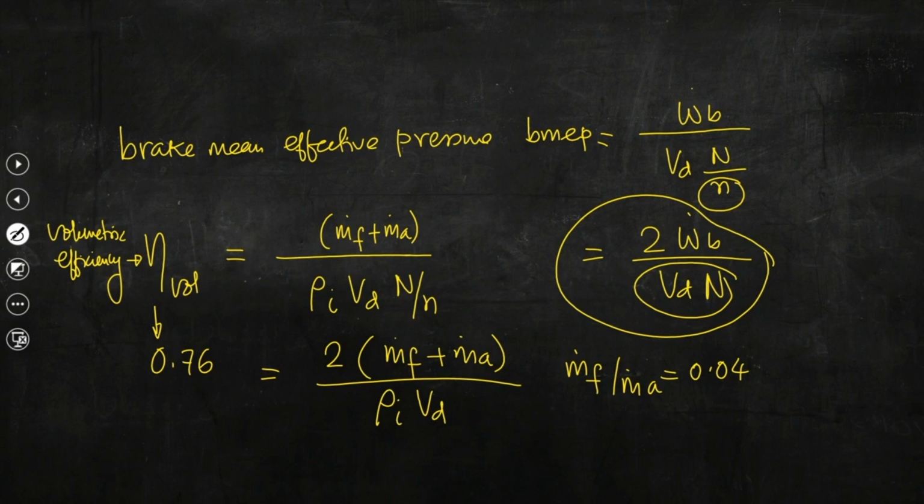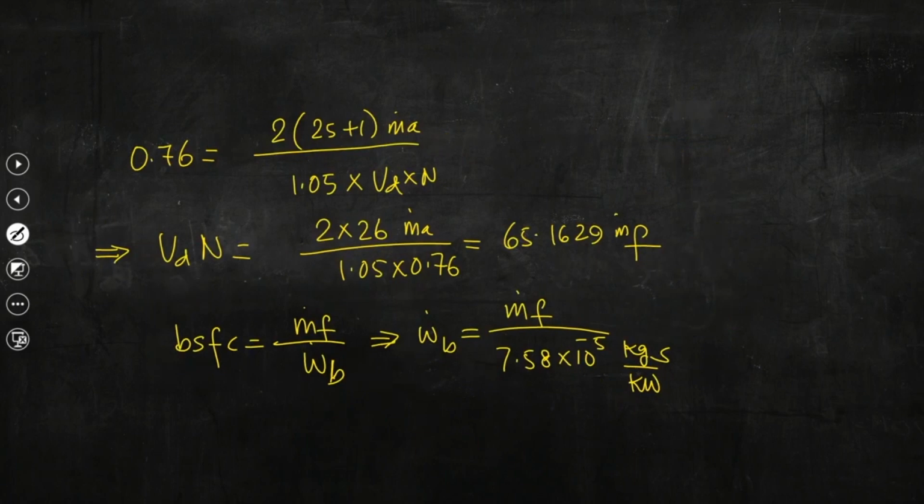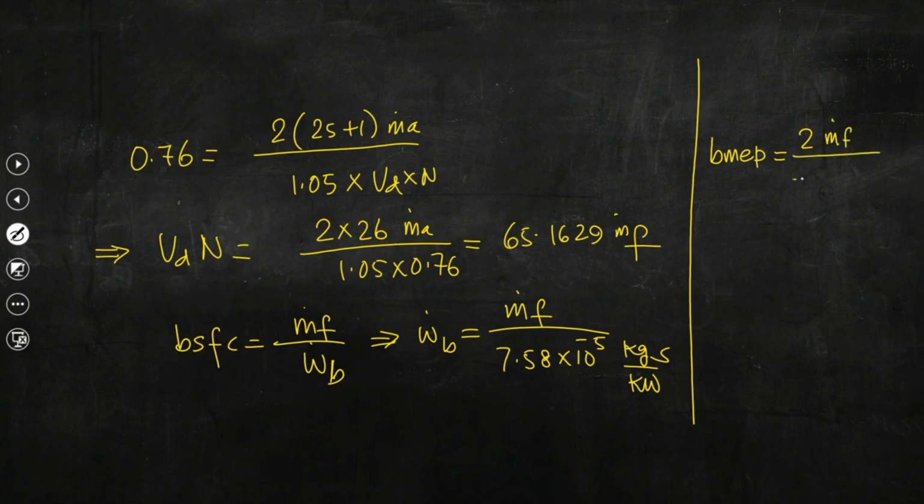So, m dot f is appearing both in numerator as well as denominator, so we can cancel this m dot f, and finally, we can write the brake mean effective pressure, that is twice into m dot f divided by 7.58 into 10 power minus 5 into Vd into n.